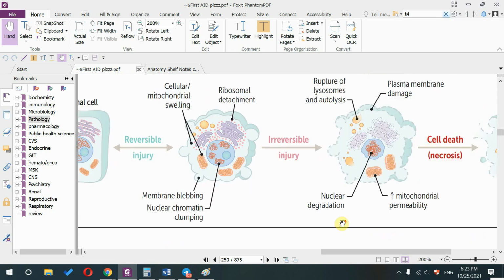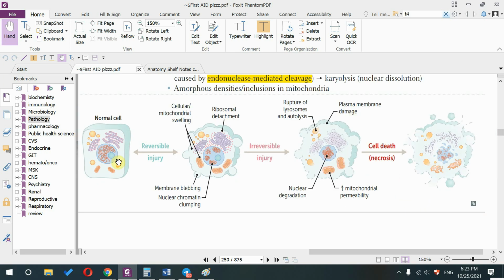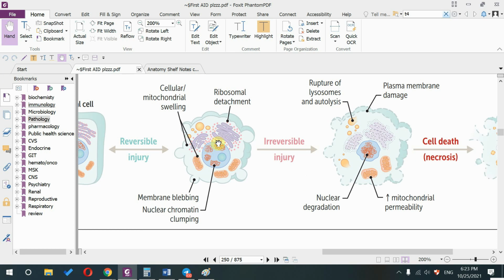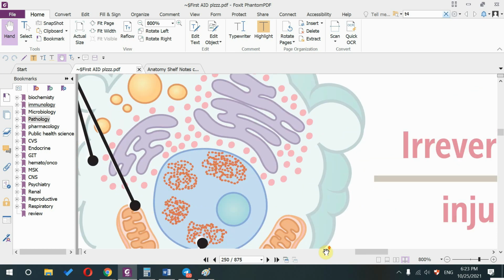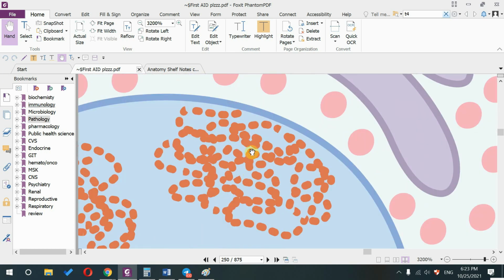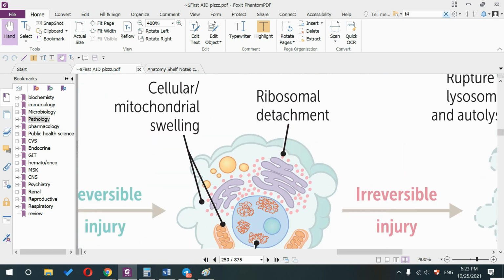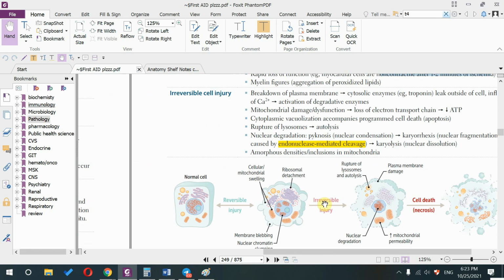And take a last look at the last thing, nuclear chromatin clumping. If you take a look at the chromatin here, it was all over the place. But here, it just started making groups. But these groups, if you enlarge them, you can see that they are normally shaped overall. But if it becomes irreversible, stuff changes.